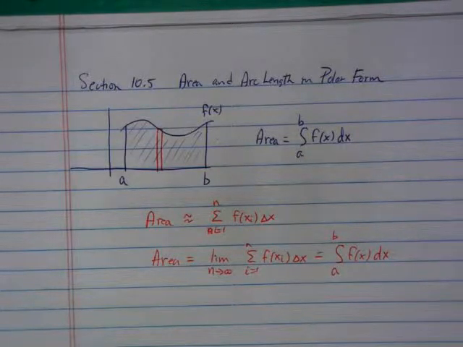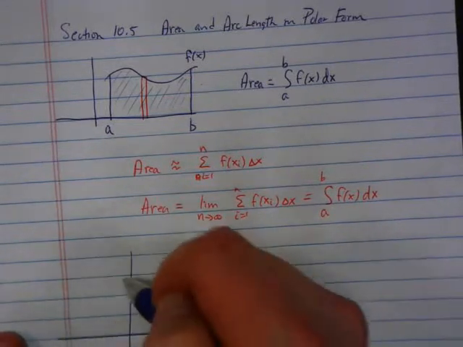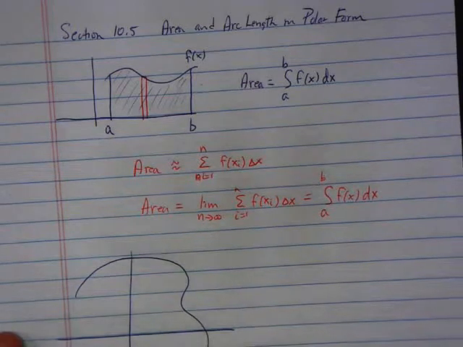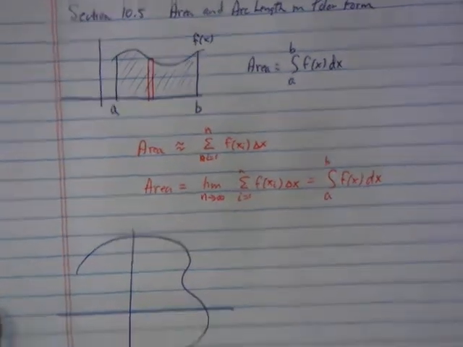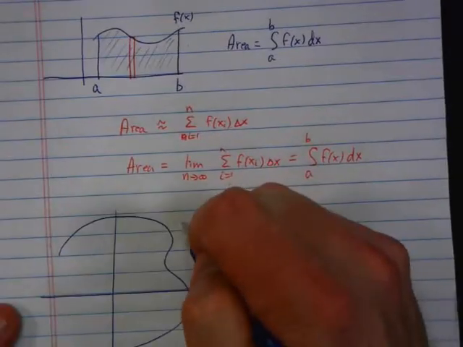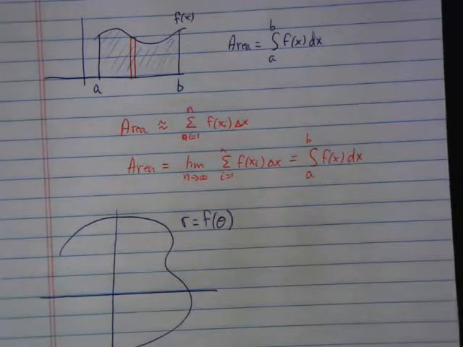What do we do in polar form? So let's say I have some curve. I don't know, polar curves are kind of weird sometimes. Looks something like that maybe. So this is some curve r equals some function involving theta. Is it going to make sense to build rectangles? Not in polar form. So what do we build?